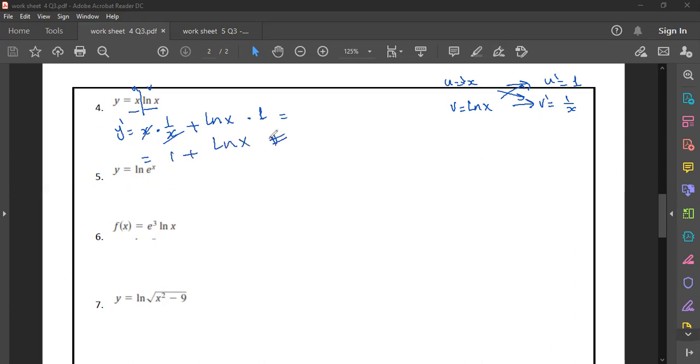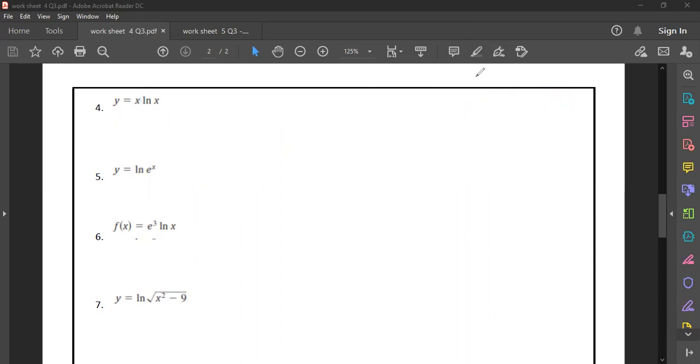That is the answer. As I told you before, sometimes I need to apply the properties of the natural logarithmic function before I apply the basic rules of differentiation. What are the rules that we need to know before I find the derivative?